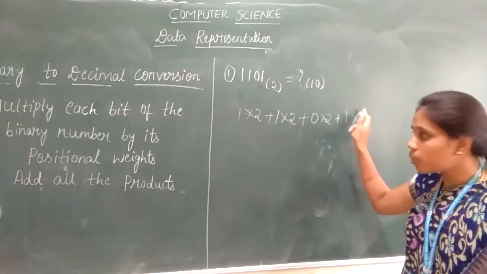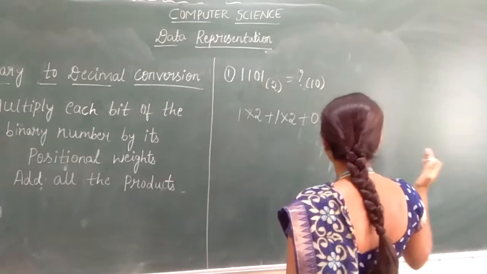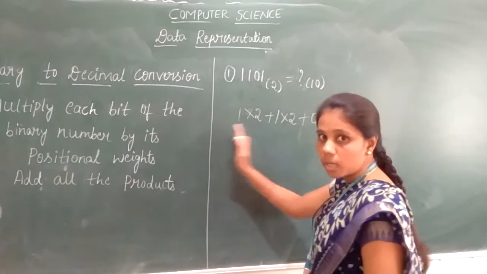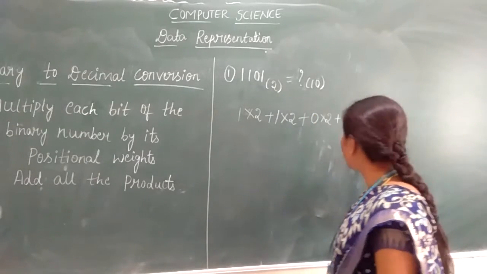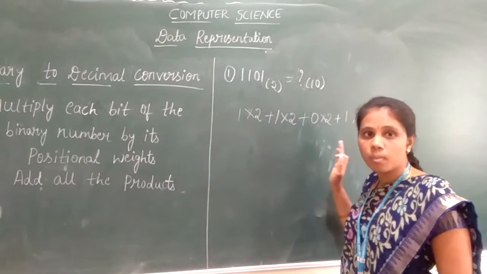Now write down the positional values from right to left. Always the positional value should be written from right to left when we have only the integer part.